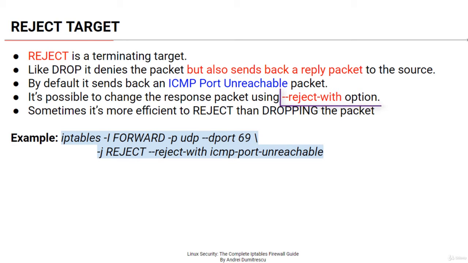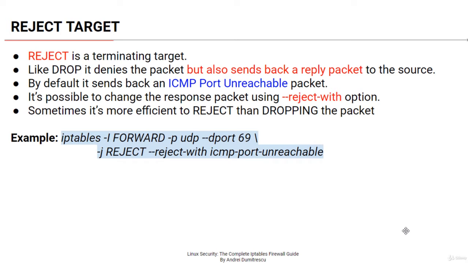and it's possible to specify the response packet using the --reject-with option. Maybe you wonder why it's necessary to use reject when we have drop that silently drops any packet matched by the rule. And the answer is that sometimes it's more efficient to reject than drop packets, because dropping packets will cause TCP to retry the connection until the threshold for the retransmission is reached.